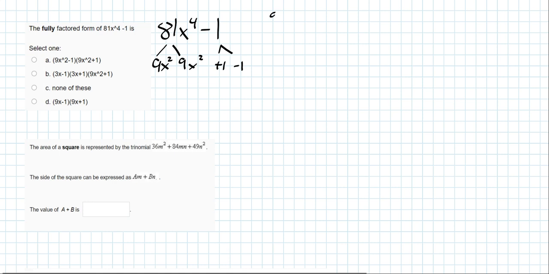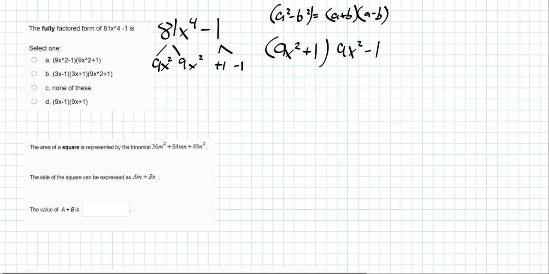So this is in the form that we see often, a squared minus b squared. And a squared minus b squared is always going to be a plus b, a minus b. So here it will be 9x squared plus 1 and 9x squared minus 1.